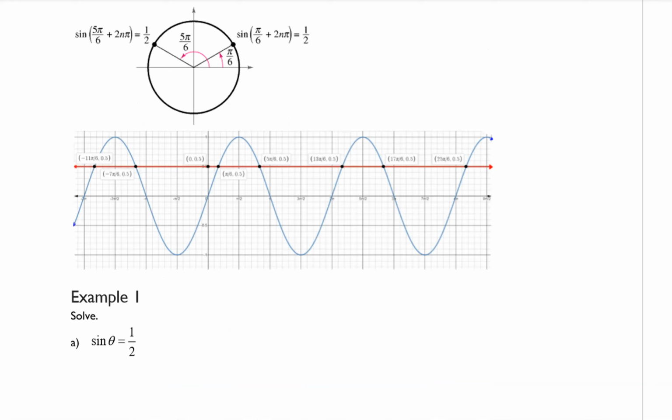So we have a picture of a unit circle here, and what this is depicting is that there are two different locations on the unit circle where the sine value of the angle is equal to 1/2. Sine of pi over 6 is equal to 1/2, and sine of 5 pi over 6 is equal to 1/2.